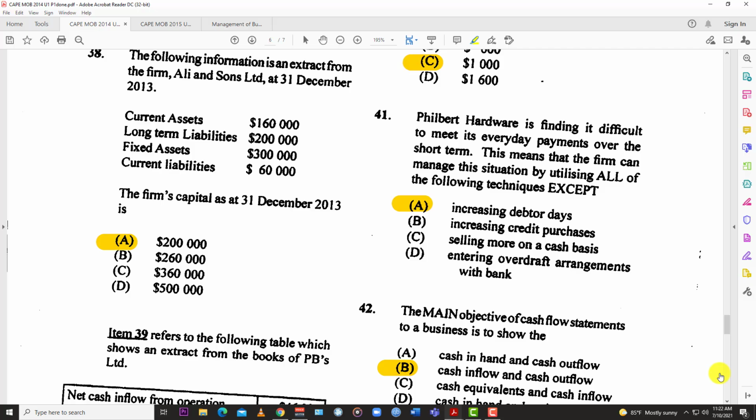And of course you get that by taking the liabilities away from the assets. So that's all your assets: your 160k plus your 300k gives you 460k. Then you have your liabilities, the 200k plus the 60k, that's 260k. And you minus the 260k from the 460k, and you get the 200,000. Right, so it's assets minus liabilities.